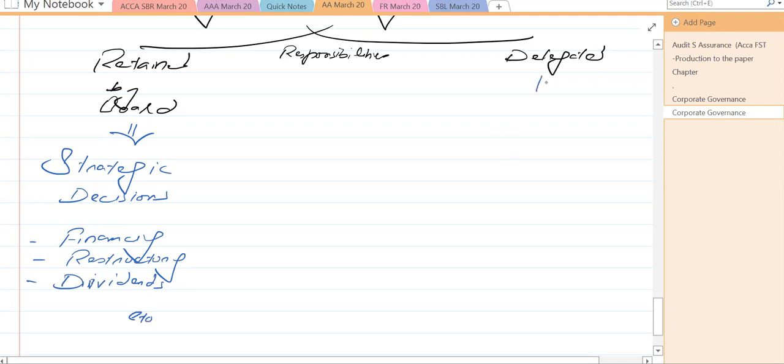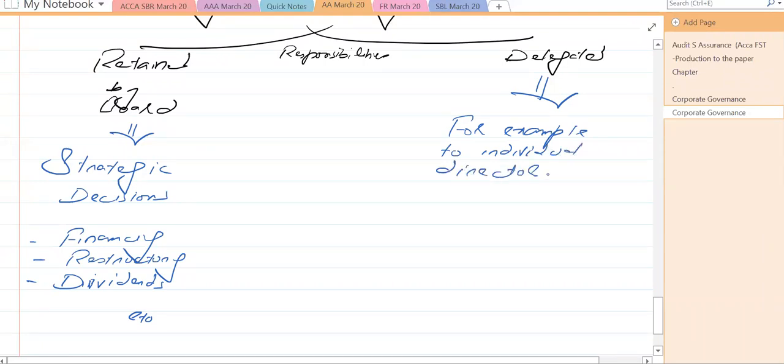And then they delegate some responsibilities, for example, to individual directors and to the board committees.